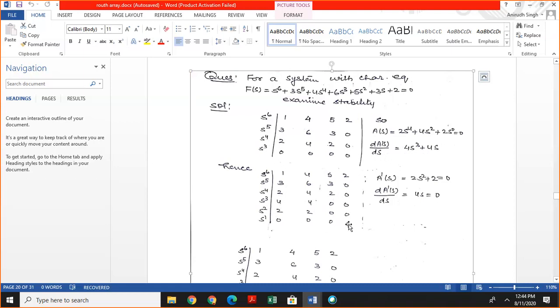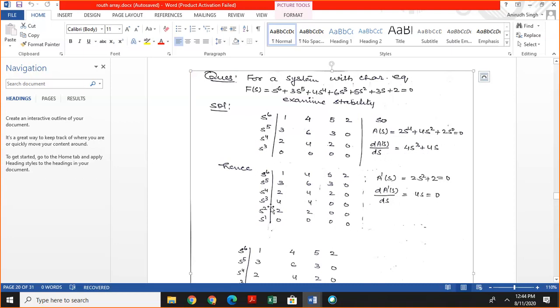The next row is also 0. When any row is 0, form the auxiliary equation from the row just above this 0 row. In this case, the auxiliary equation is 2s square plus 2 is equal to 0, and differentiating with respect to s, we get 4.